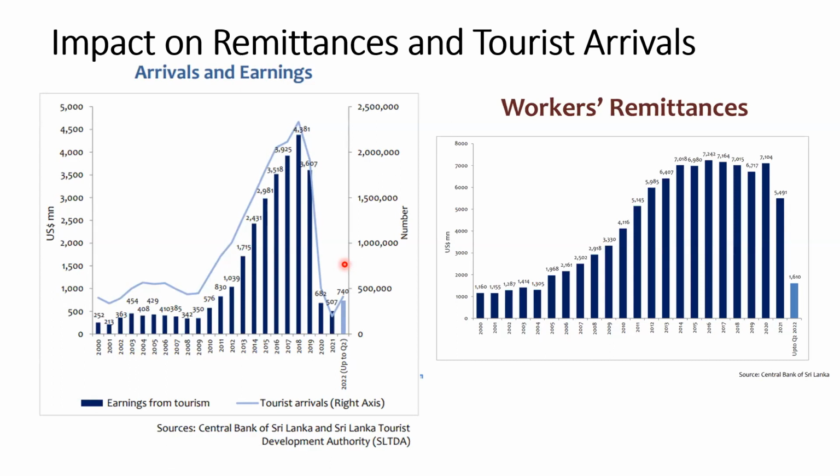But that does not mean, even if we can encourage worker remittances, maybe we can go for at least 5 billion, 6 billion US dollars. That will give a reasonable contribution, but we cannot solve the problem only through worker remittances or tourism. We have to limit the imports, as well as enhance the export income.